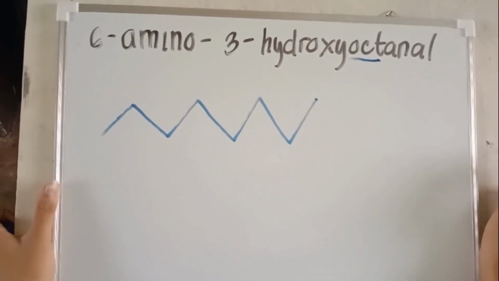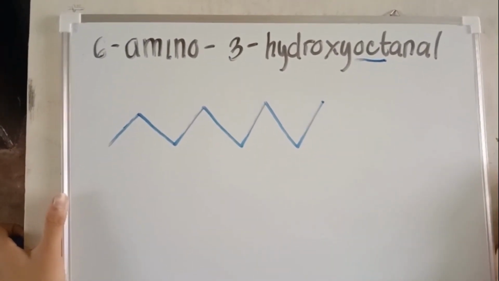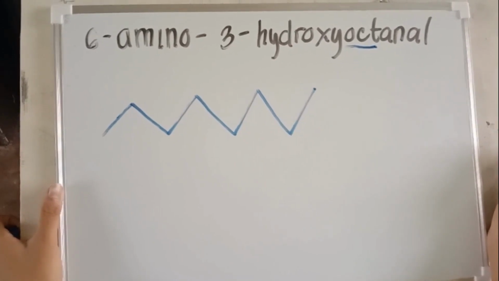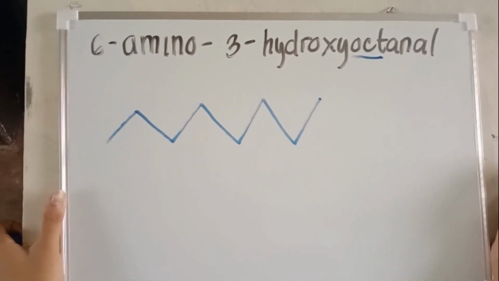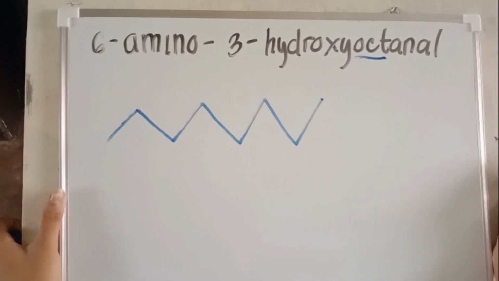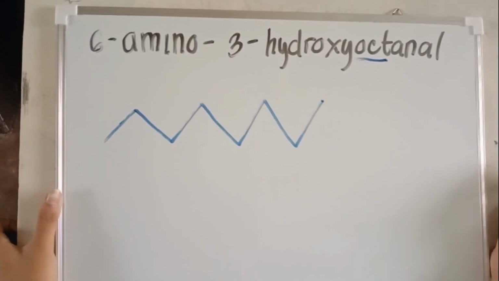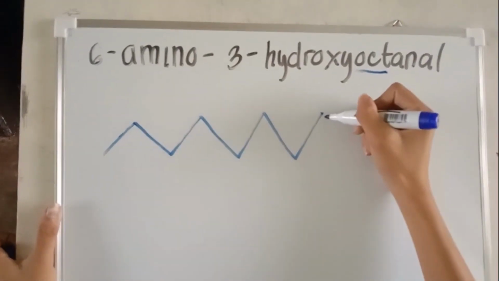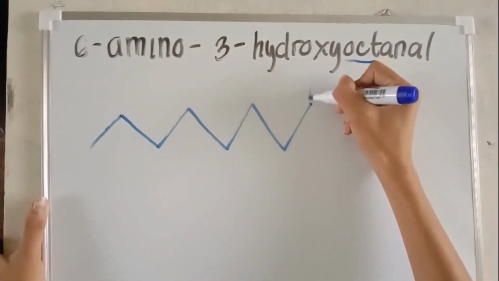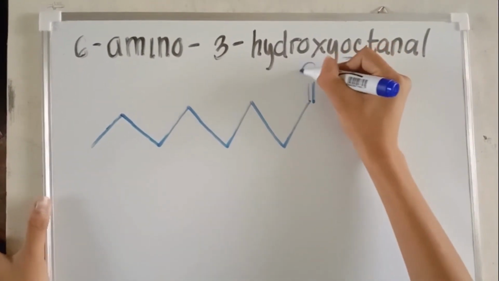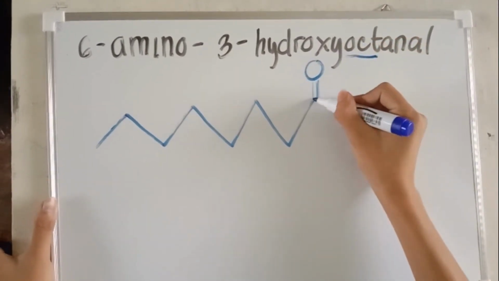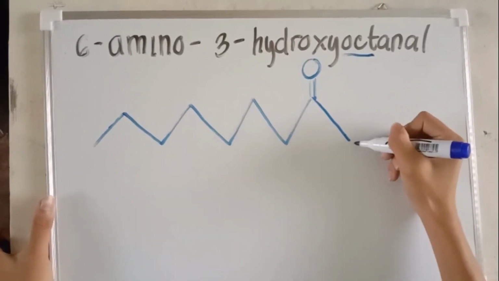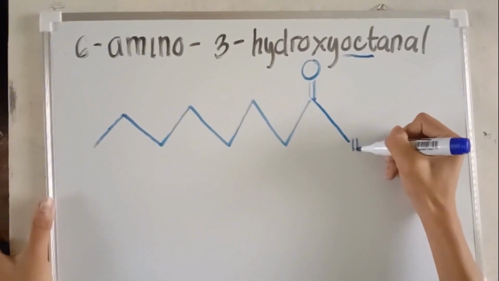In step 2, make a carbon at the terminal end of the chain into a carbonyl by double bonding it to an oxygen. Since it is an aldehyde, we must put the double bond here and put the hydrogen here.